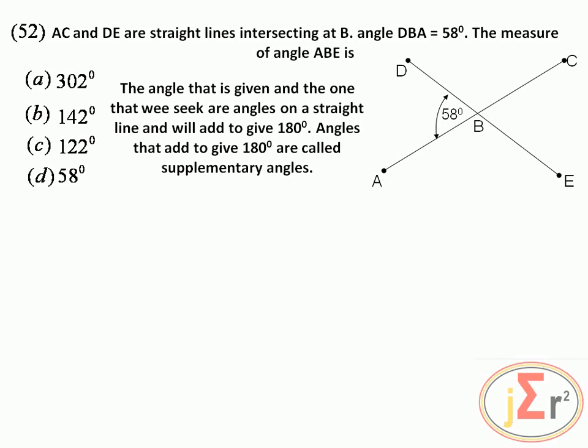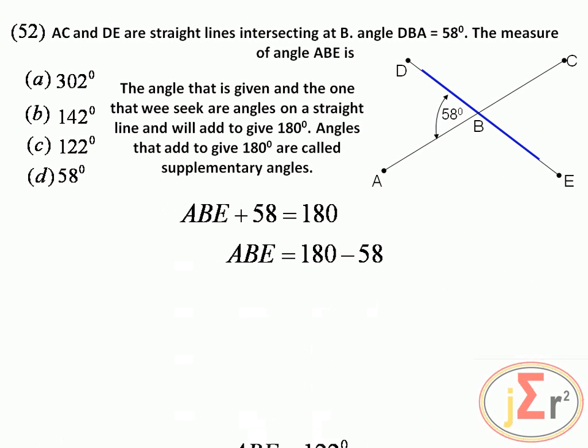So ABE plus DBA is 180 degrees and one is 58. The other is the difference between 180 degrees and 58 degrees, which is 122 degrees. The correct answer is option C.